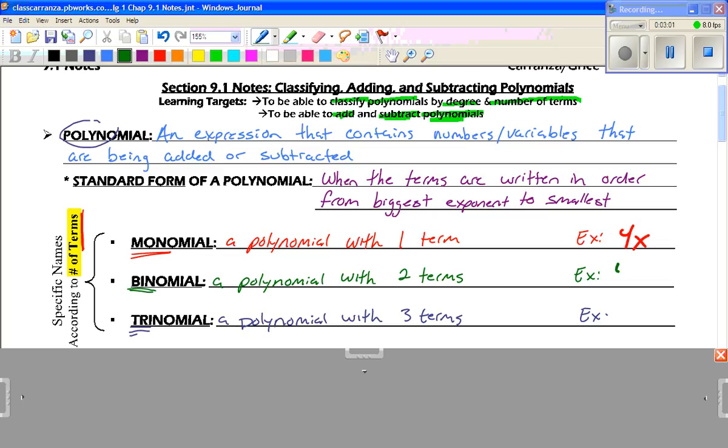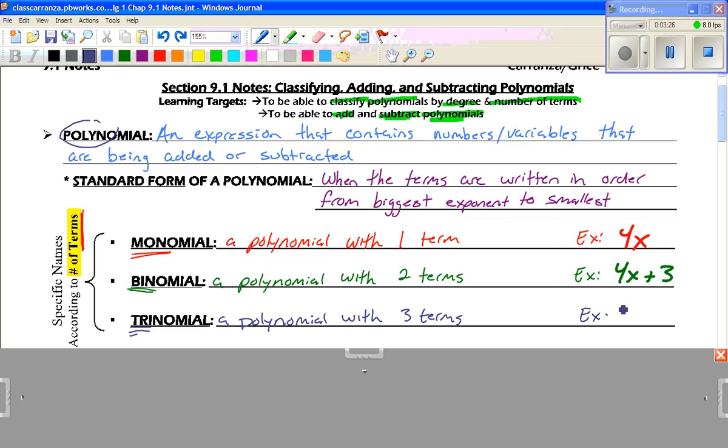An example would be 4x plus 3, because they're things that I cannot combine together. We can even add another variable there, and you cannot combine those together. Now, a trinomial is a polynomial with 3 terms.